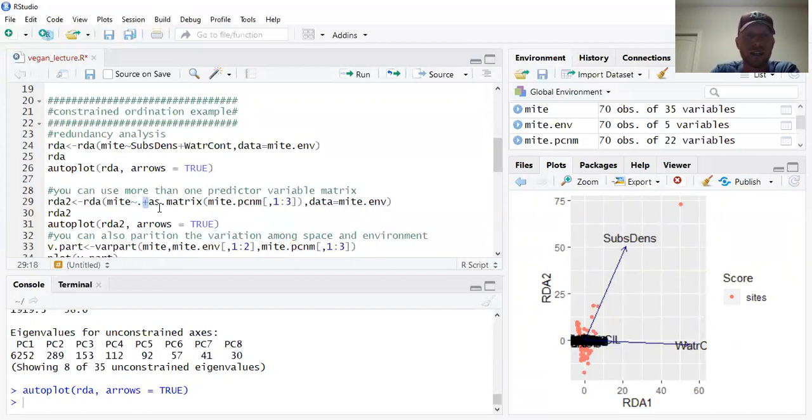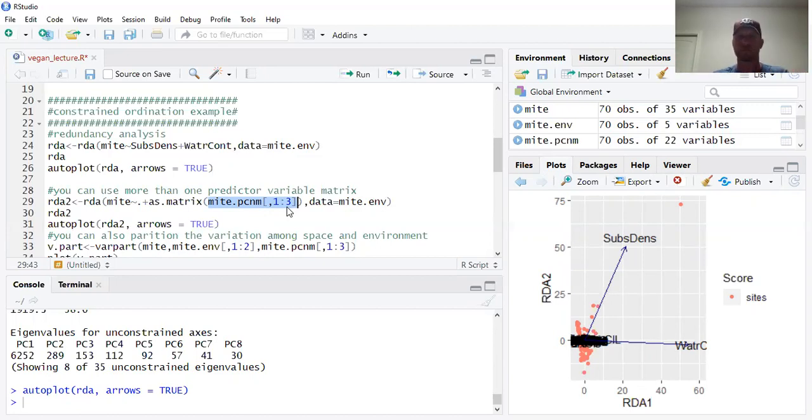Then notice we have a plus sign. We're using the function as.matrix, and we're pulling the mite.pcnm, the first three columns from the spatial data. So remember, the first few columns in PCNM are the ones that explain the broad spatial scale patterns.